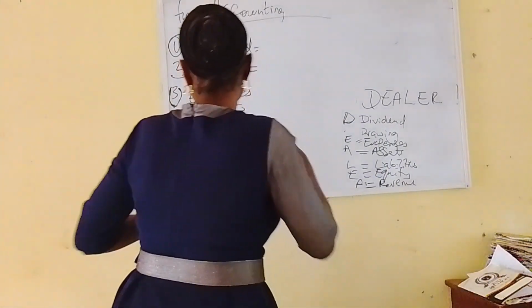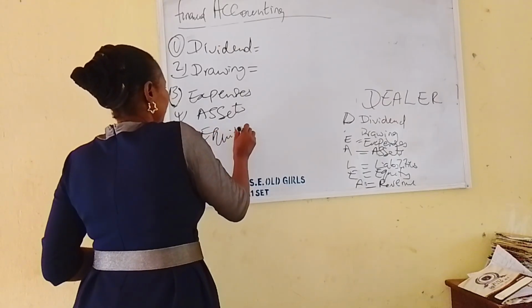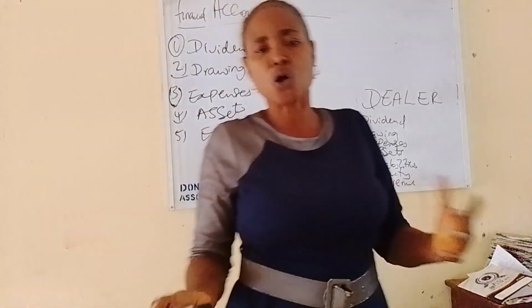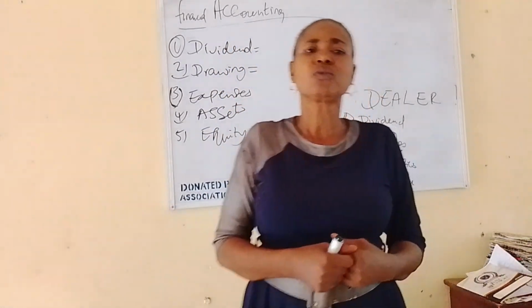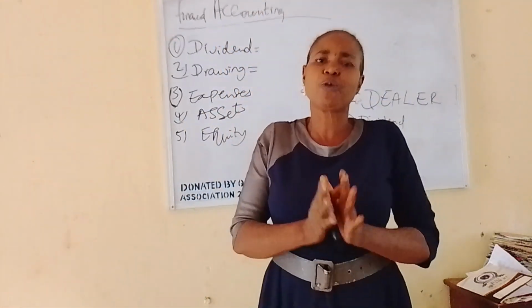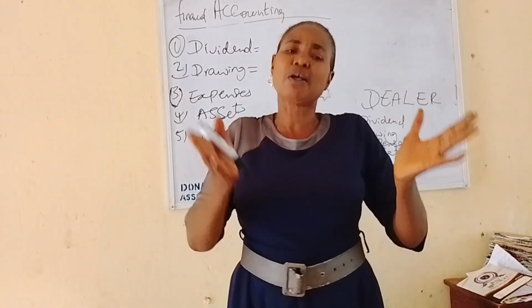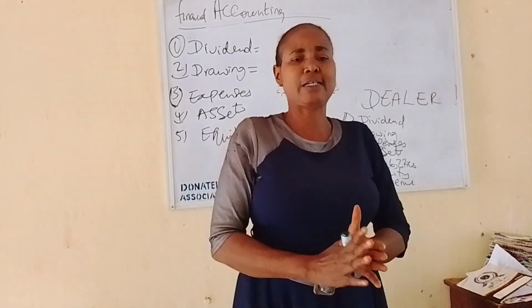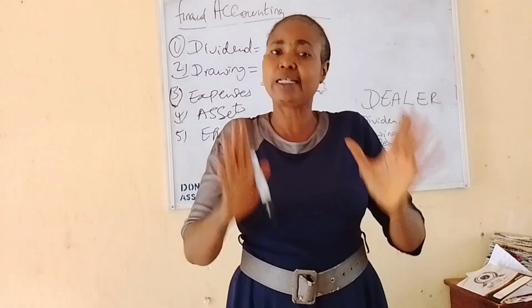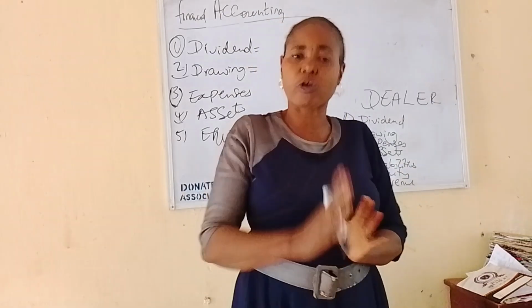Then equity. Number 5, equity. Equity means the net worth of the business, the total value of the business when the expenses have been deducted. Some people call it capital, but it's more than capital.